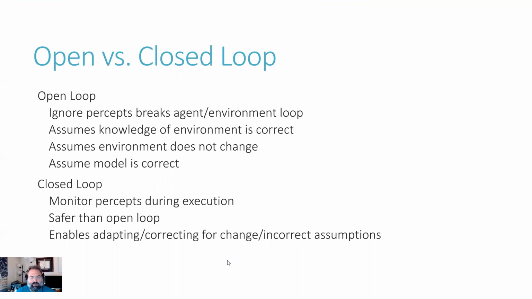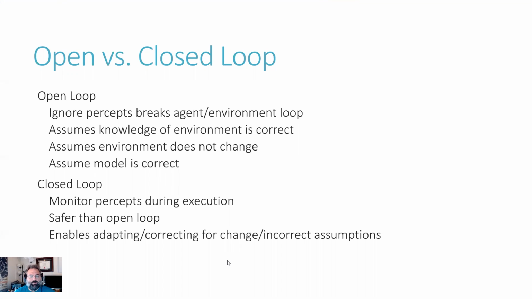So it assumes that maybe they didn't get it right whenever you figured out what the environment looked like. It's definitely safer than an open loop, because if something were to either have been perceived incorrectly or changed after the initial evaluation, or perhaps the actions that the agent is taking aren't actually doing what you think they're doing, or maybe the rules of the environment are slightly different than what you think, then you won't know that unless you're actually monitoring that environment.